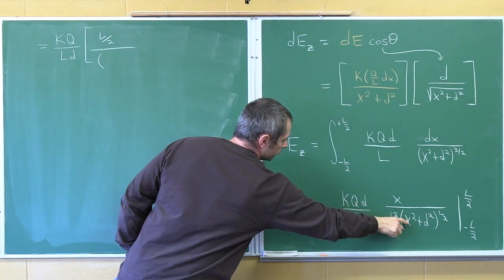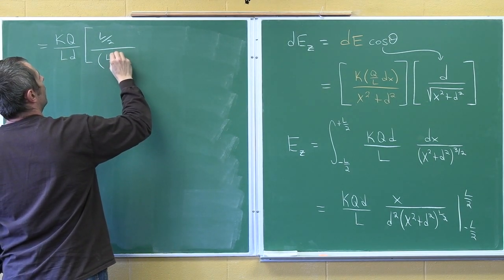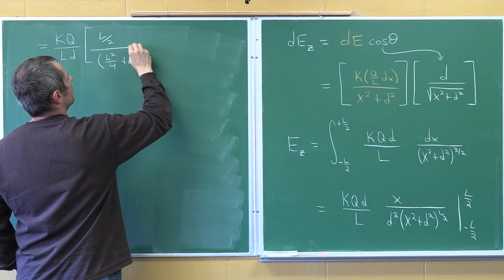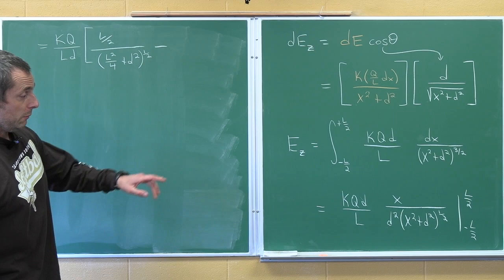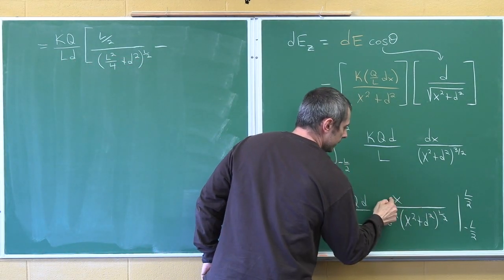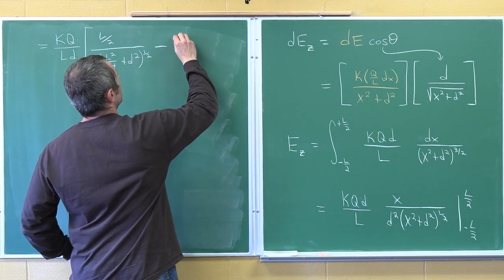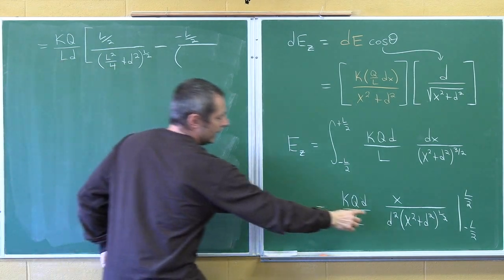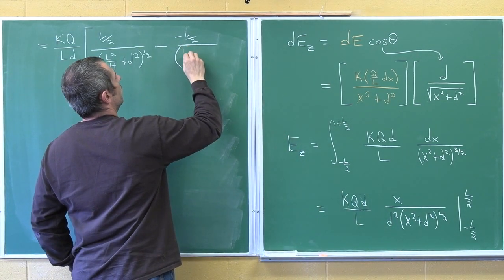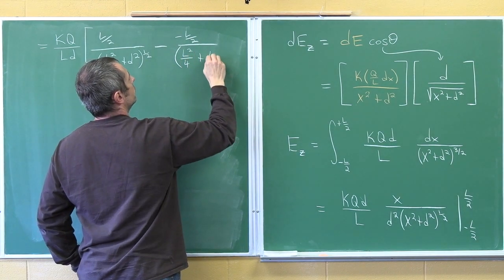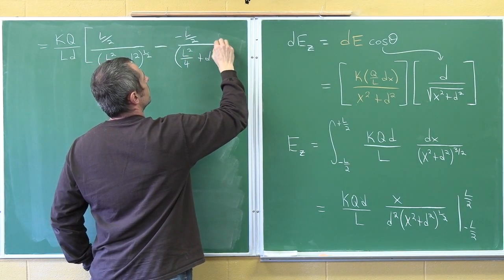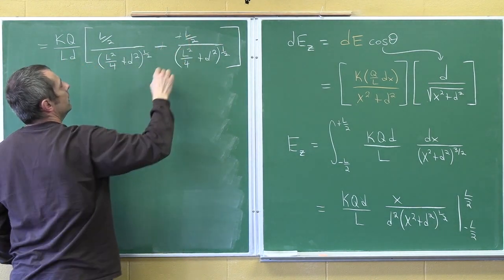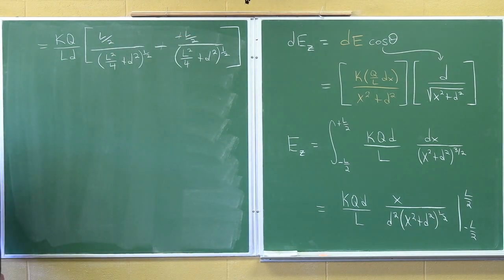Now when I do L over 2 squared, that gives me L squared over 4. Minus, now I'm going to plug in negative L over 2 here and there. So that gives me negative L over 2 up here. And then when I plug in negative L over 2 here and squared, I get L squared over 4. Plus d squared. Now notice we could do this, and L over 2 plus L over 2 gives us L, okay?